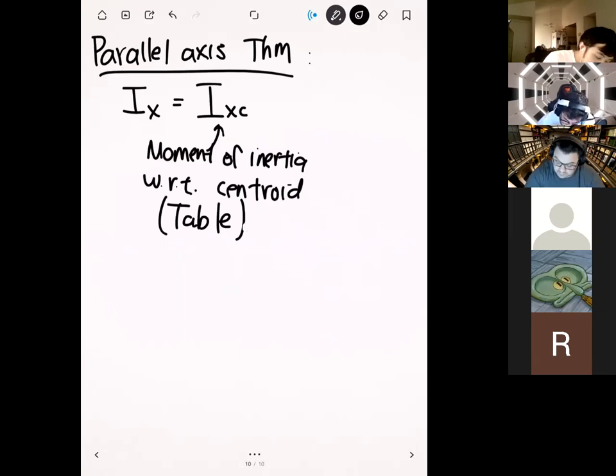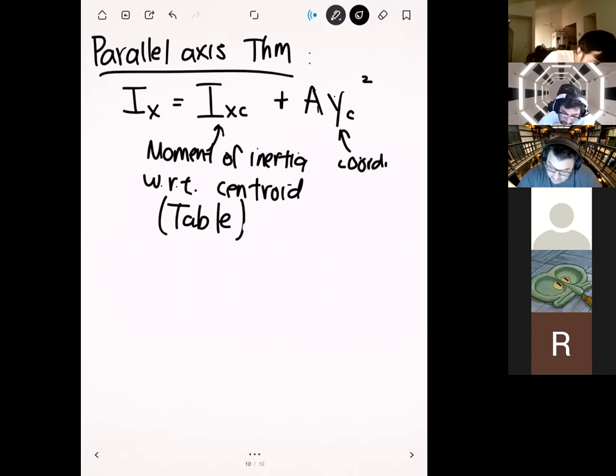According to the parallel axis theorem, in order to transport this, we have to add the area of the surface times yc squared. We know that A is the area of the surface, and yc is the coordinate of the centroid. If we plug that in, we get the most useful expression for yr.